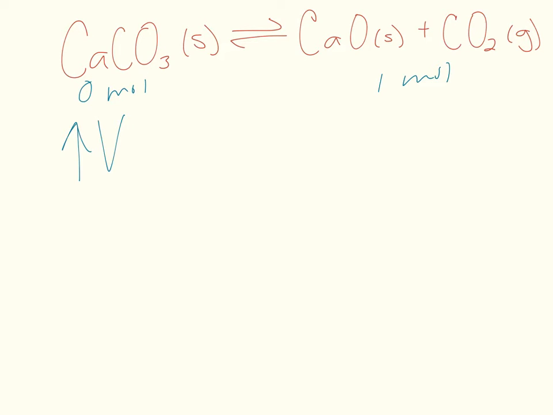So if I increase the volume of this particular equilibrium system, the overall equilibrium is going to shift towards the products. And conversely, if I decrease the volume, it's going to shift towards the reactants, just because you're shifting to the side with fewer moles of gas. Now remember, the equilibrium constant here is only the concentration in regards to CO2, because solids aren't included within the equilibrium expression.